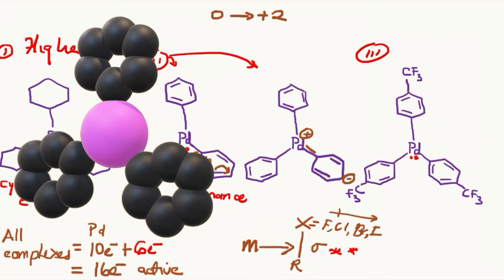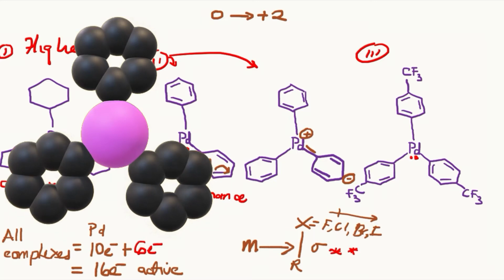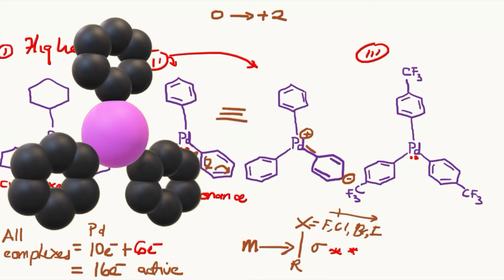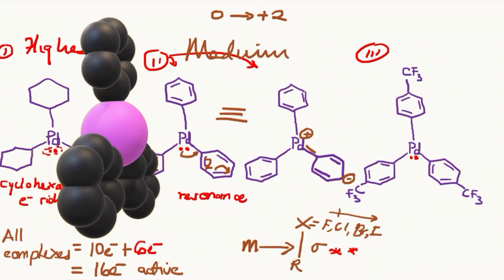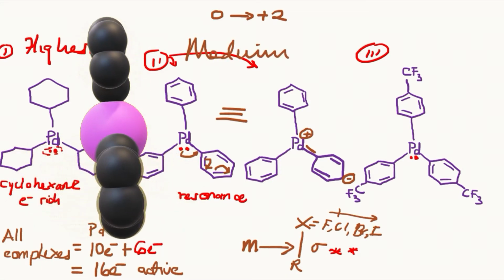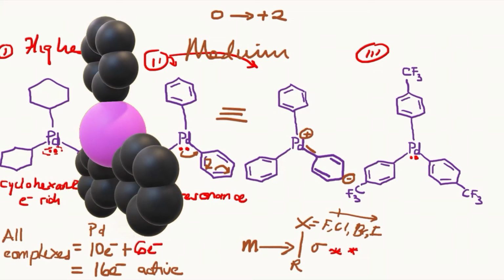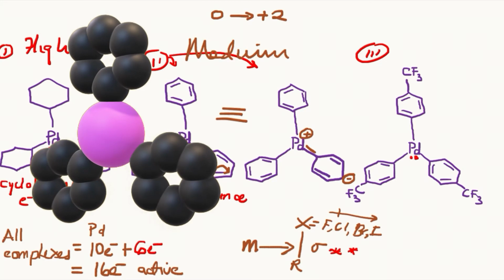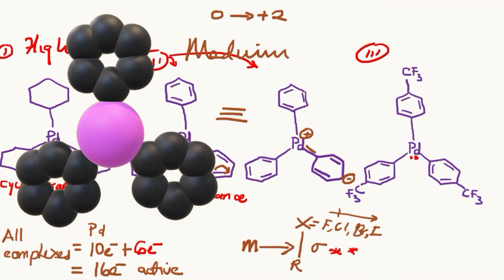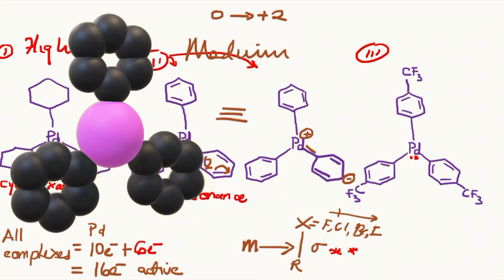In this particular case, the overall charge is neutral, and in a way that makes 2 a little bit medium in terms of the oxidative addition process, because there is a little bit of inhibition of those lone pairs not being able to be involved in oxidative addition.